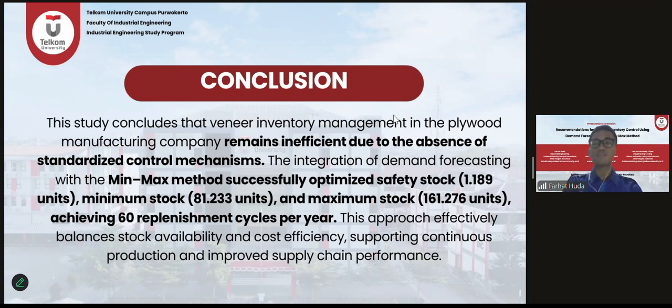The integration of demand forecasting with the min-max method successfully optimized safety stock at 1,189 units, minimum stock at 81,233 units, maximum stock at 161,276 units, and the system achieves 60 replenishment cycles per year, balancing stock availability and cost efficiency. This will support continuous production and enhance supply chain performance.